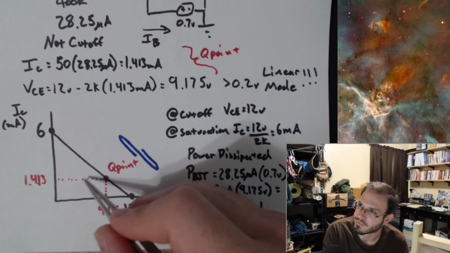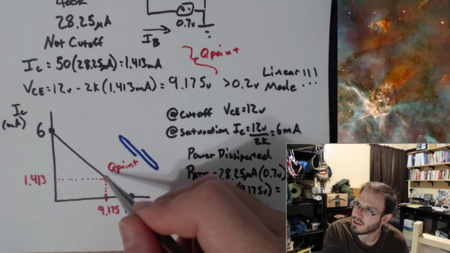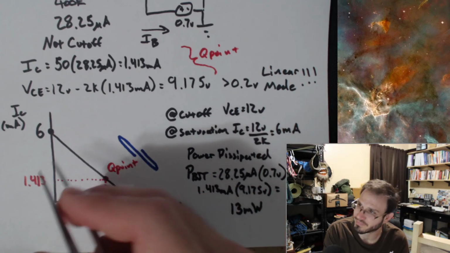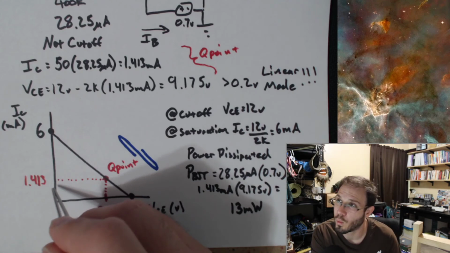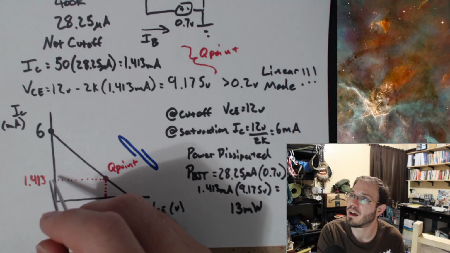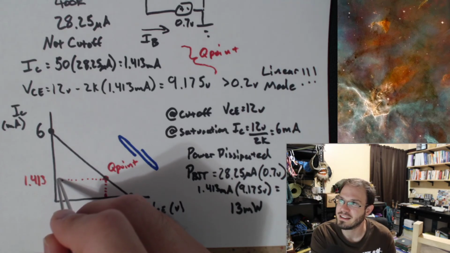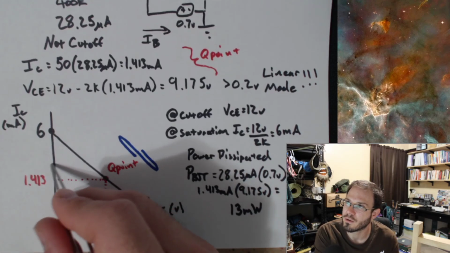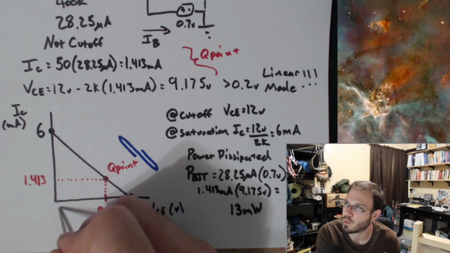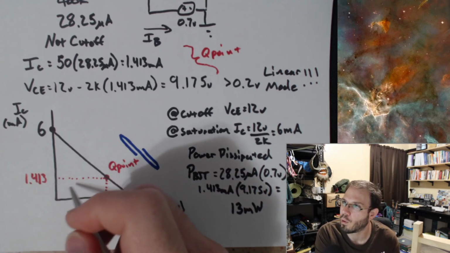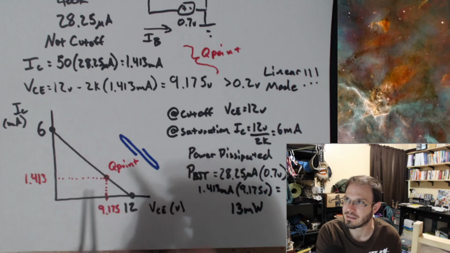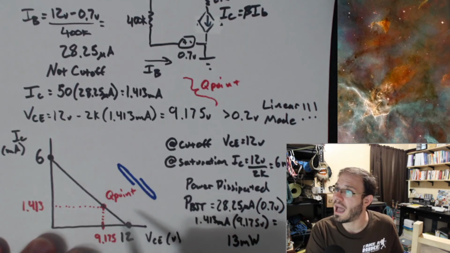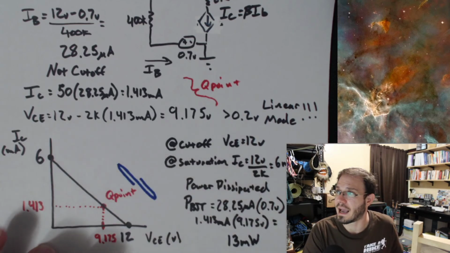And if you go ahead and look across at the projection on the y-axis, that's 1.413 milliamps of collector current, which kind of makes sense. 6 milliamps, 0 milliamps, this should be 3. Well, we should be halfway between 0 and 3, so 1.413 makes sense to me. So that's how we go ahead and perform the load line analysis.